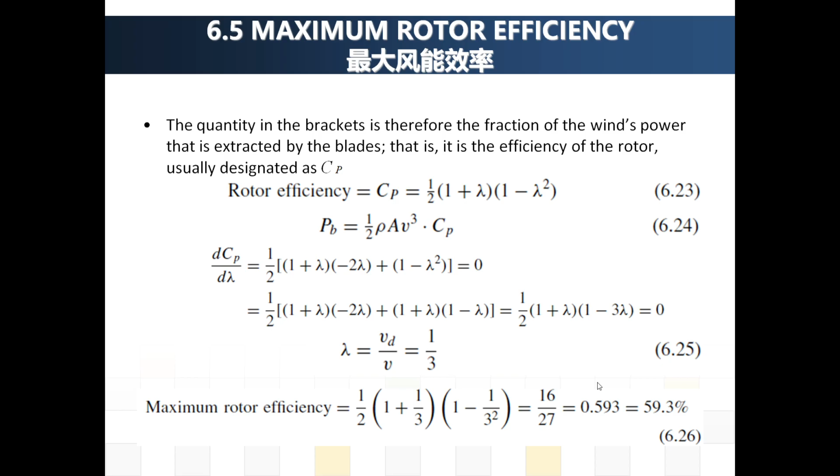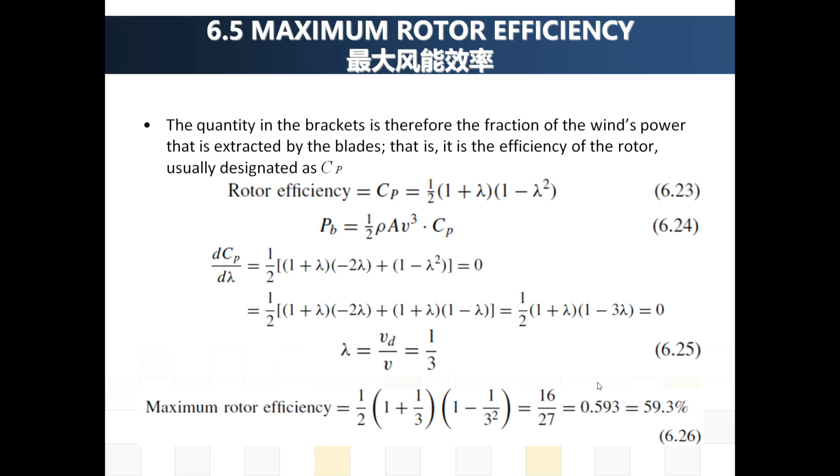This is the efficiency of the rotor, usually denoted as Cp. So the rotor efficiency, Cp, is equal to 1/2 (1 plus lambda)(1 minus lambda squared). Therefore, Pb is equal to 1/2 rho A V cubed multiplied by Cp.